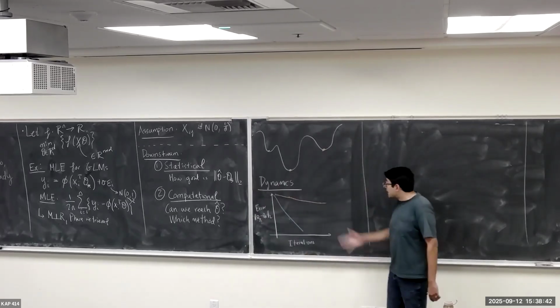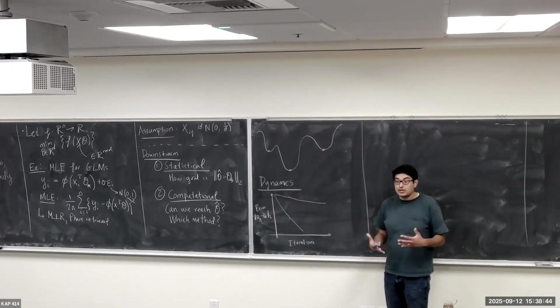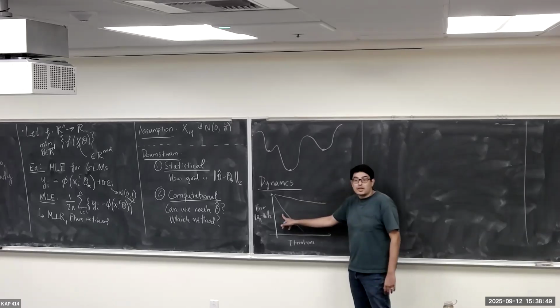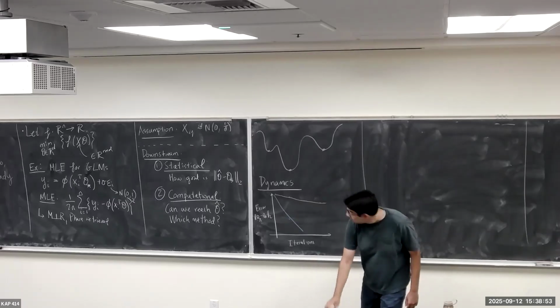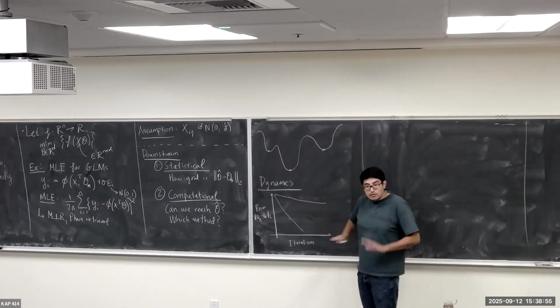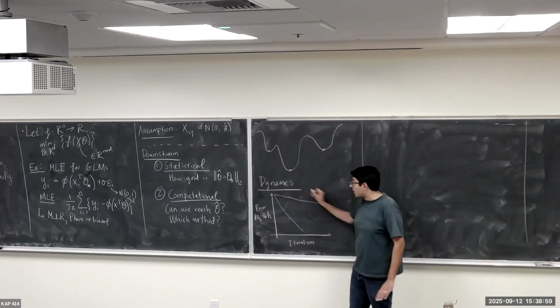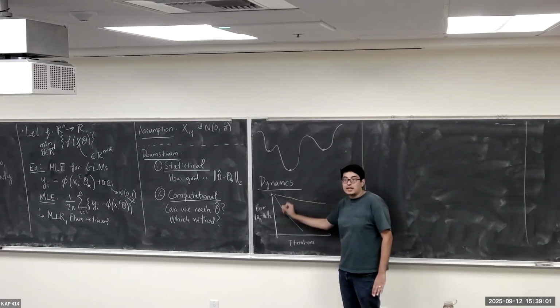If I have my hands on the dynamics of the algorithm, I'll be able to ascertain a priori that this is the algorithm that I should choose. So this is the kind of thing we're going to be after today. From this point on in the talk, all I'm going to try and do is derive expressions for these and derive techniques for how you can derive these kinds of plots.